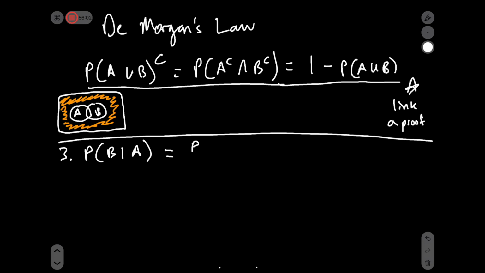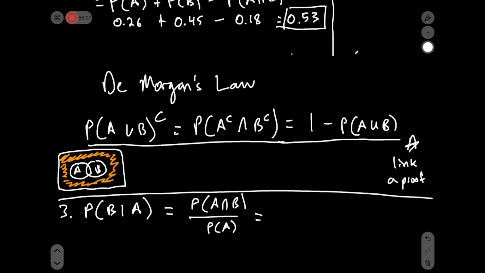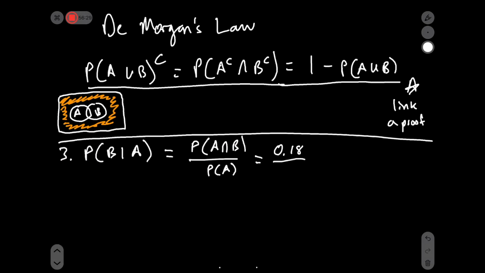It's the probability of A intersection B divided by the probability of A. We already know these because they were given in the problem. So we've got 0.18 divided by 0.26. Feel free to verify that I'm using the correct formula, and I'll calculate this for you. It's 0.69. So nice.